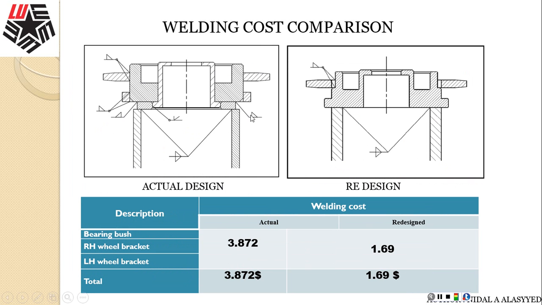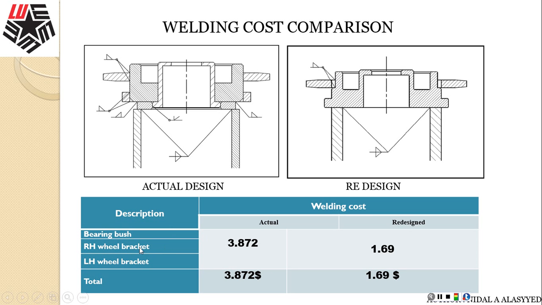Here is also a drawing showing the welding of the three parts. You see where the welds are with this special welding sign, which shows you there's welding here, welding here. From the geometry, I was able to calculate the welding distance for the actual, which is the left-hand side here, and compare it to the redesign. In the redesign, I'm just welding the casted part, bearing bush, to the bracket. You see, much less welding needed.